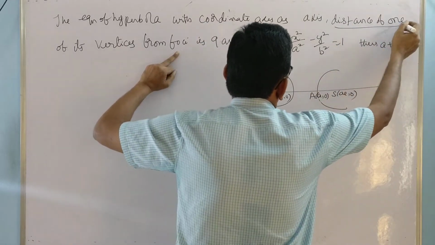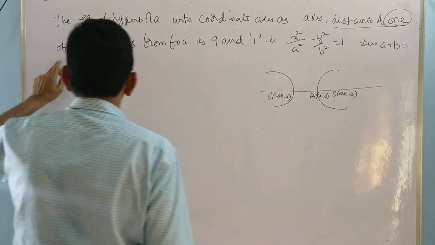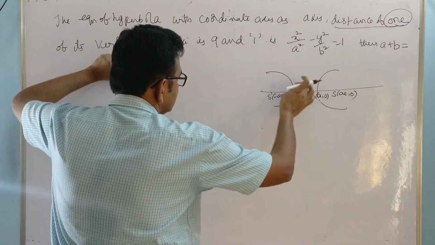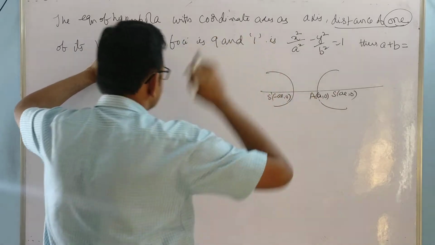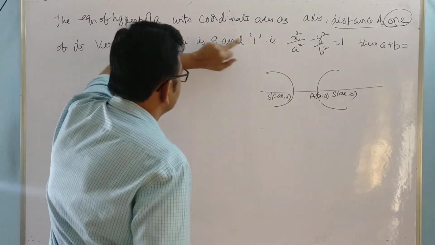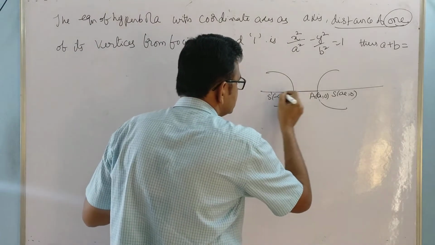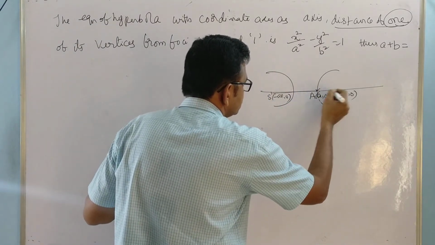Distance from the foci is 9 and 1. Distance between these two is given 9, and between these two is given 1.